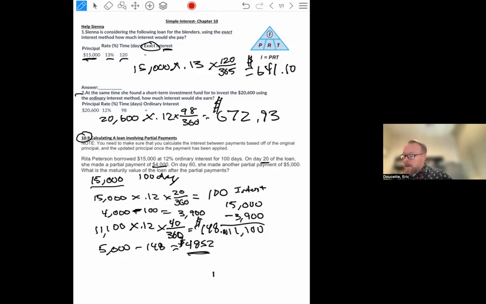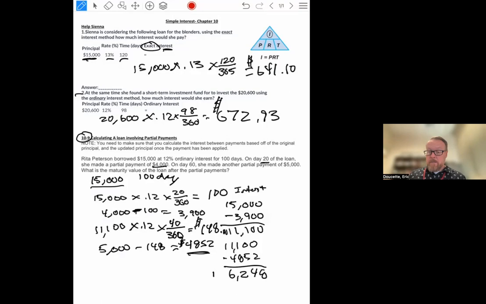So I'm going to deduct that from the 11,100: 11,100 minus 4,852 equals $6,248. So that's now my new balance after I made the second payment.